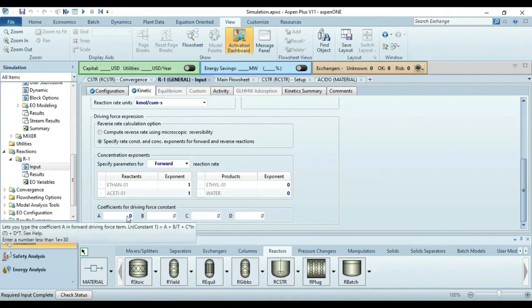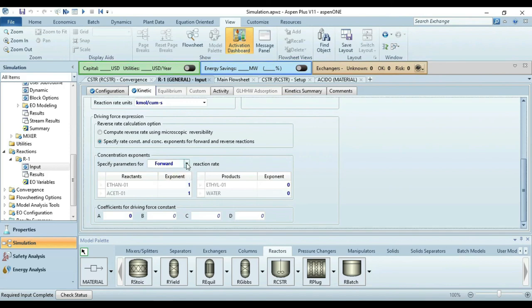But for the reversible reaction, let's pay attention that this term must be different for obtaining the coefficient of 1 divided by the equilibrium constant term.